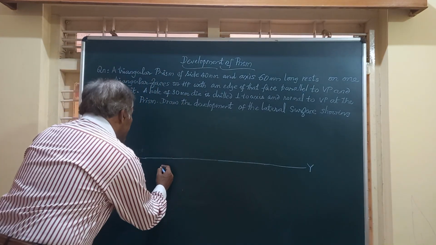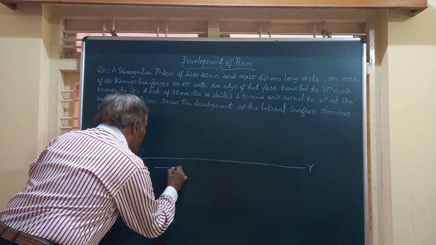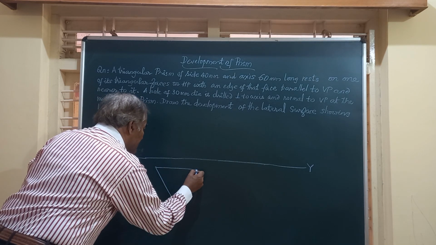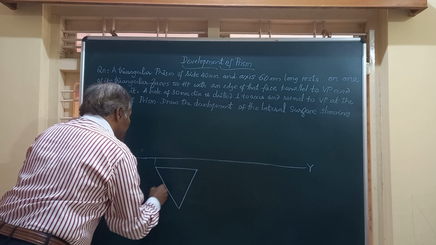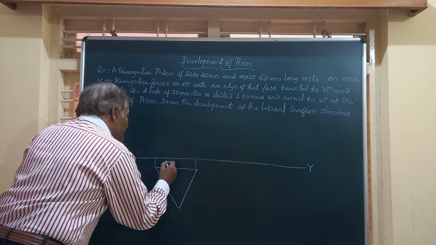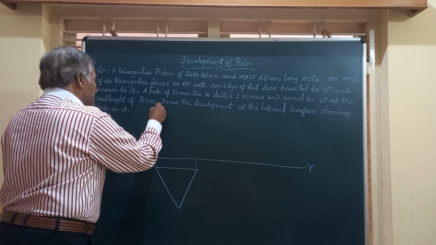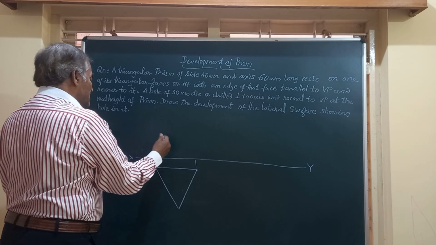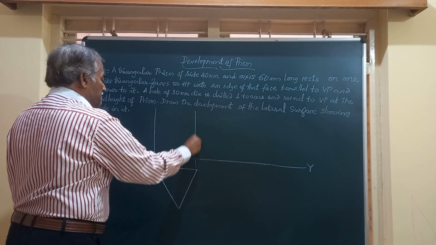It is a triangular prism having side equal to 40 millimeter, and one of the sides of that is parallel to VP and nearer to it. In the front view, the height of the solid is given, so you can write down the front view for the given height.